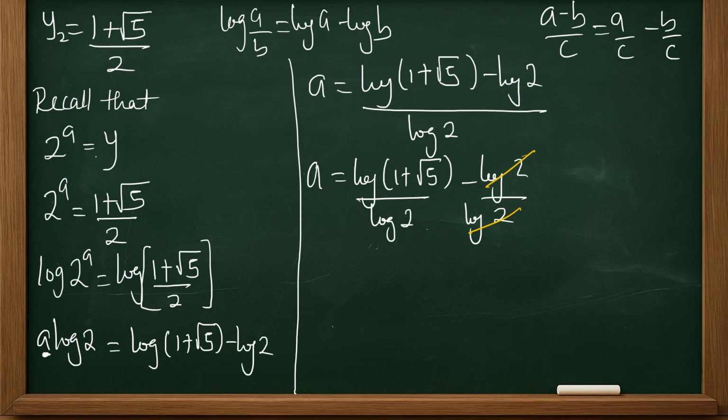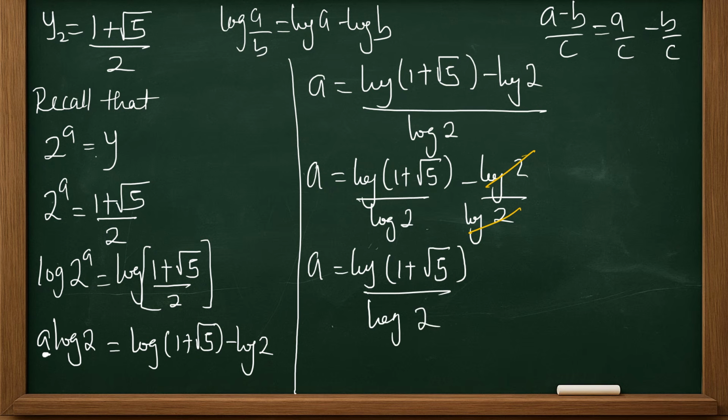So next we have a equals log of 1 plus the root of 5 divided by log 2, minus 1. If you solve this by plotting this value in a graph or by simplifying this further, approximately you're going to have the approximate value for a, which is 0.694. So this is what we have been able to do.